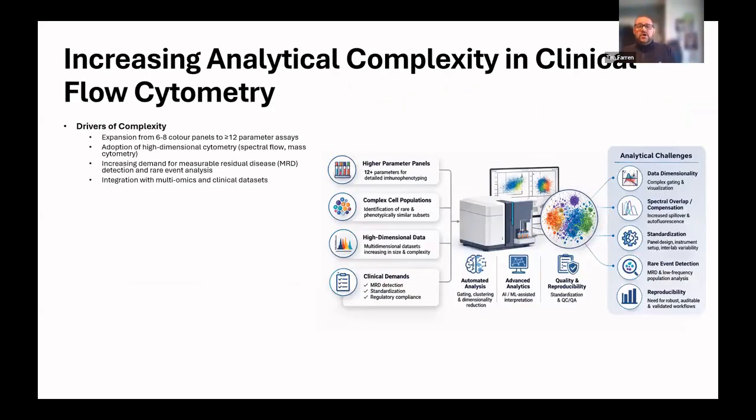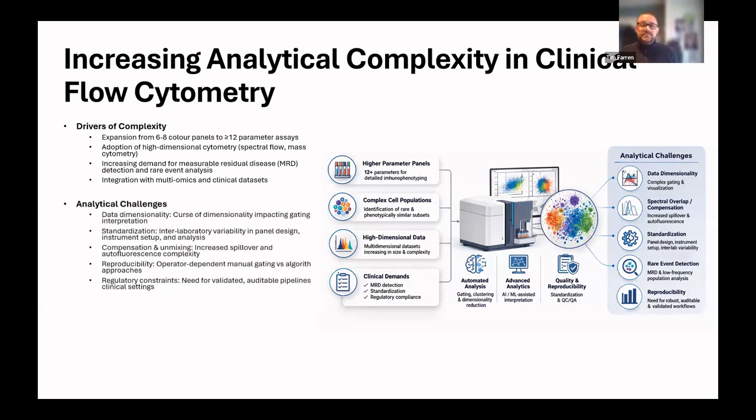And today we know it's not uncommon to work with panels of 10 or 12 or more antigen targets. And this expansion allows us to interrogate the biology of the cells in much greater detail. But also, when you're interrogating the cells in greater detail, it introduces new challenges. And one of the main issues is what I call data dimensionality.